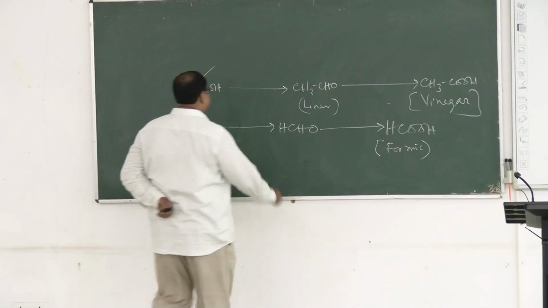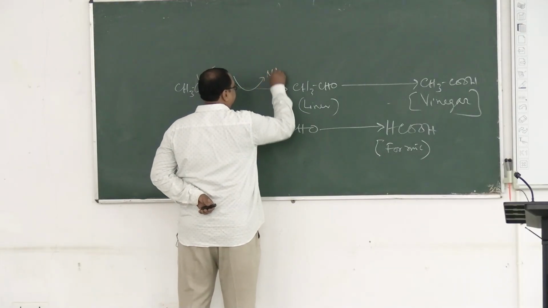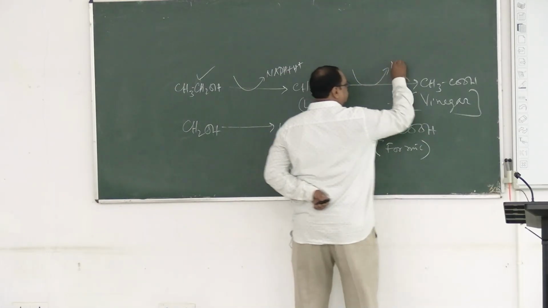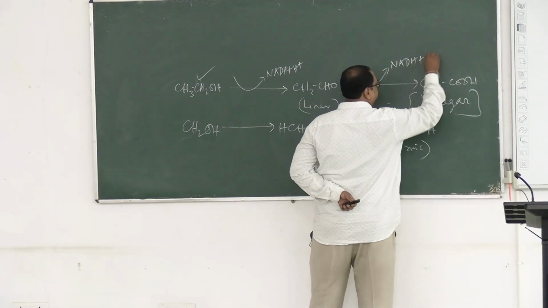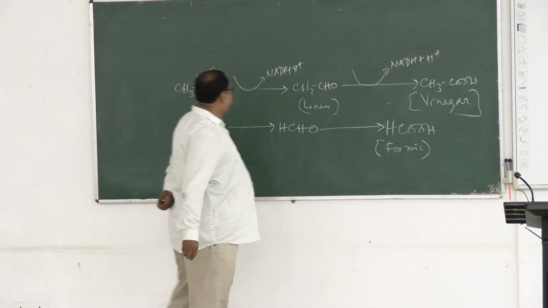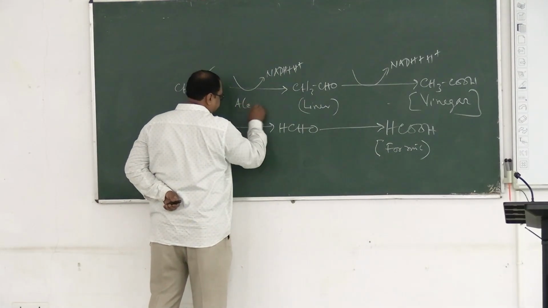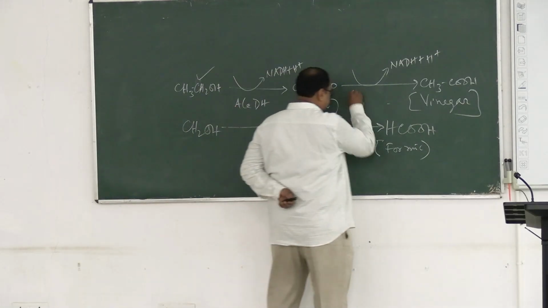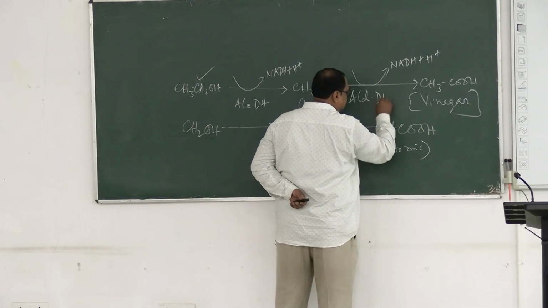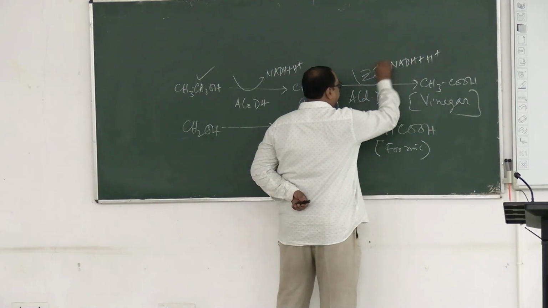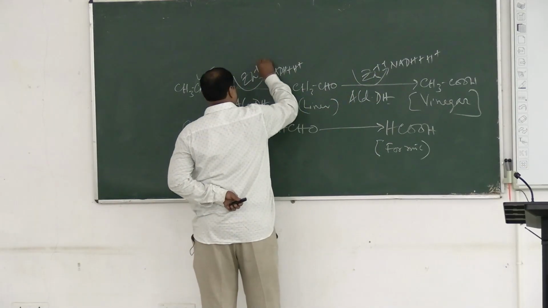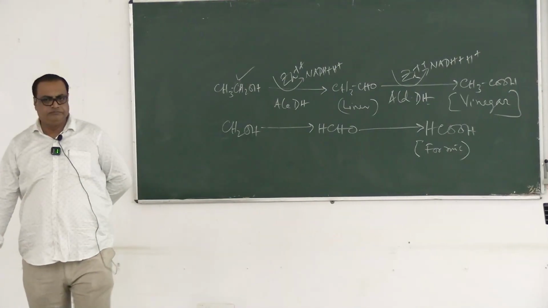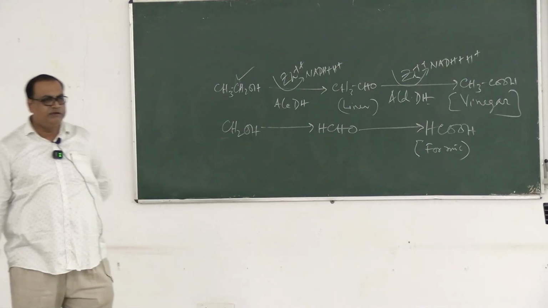These reactions, both the reactions produce a lot of, and the name of the enzyme is alcohol dehydrogenase, aldehyde dehydrogenase, both require zinc as cofactor and both are located in the liver. That is why when we consume alcohol, our liver gets affected.